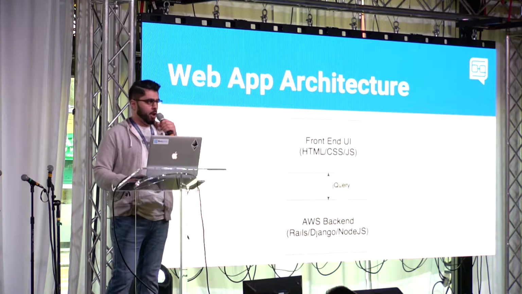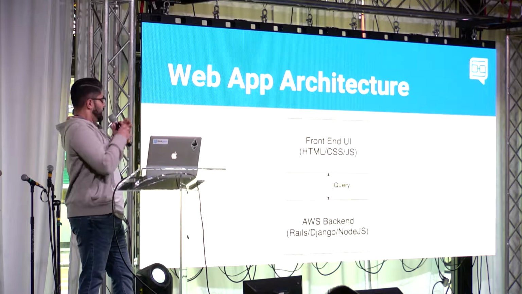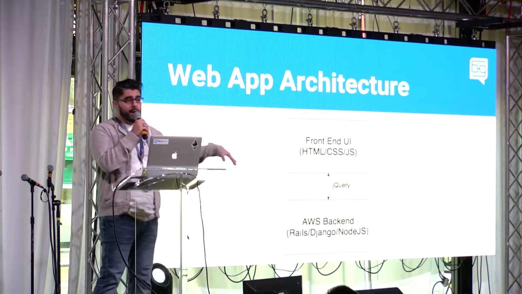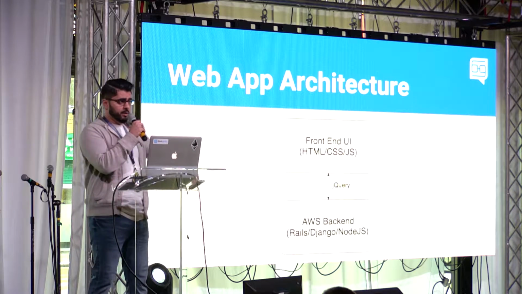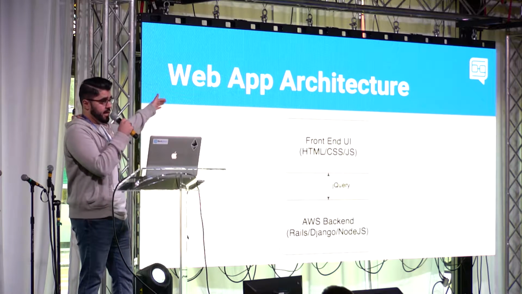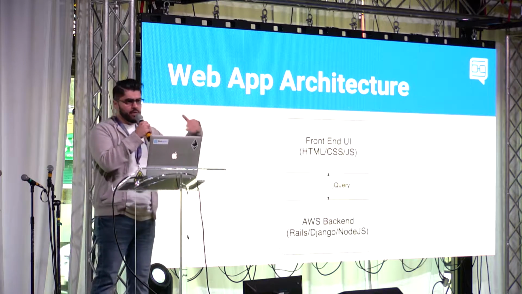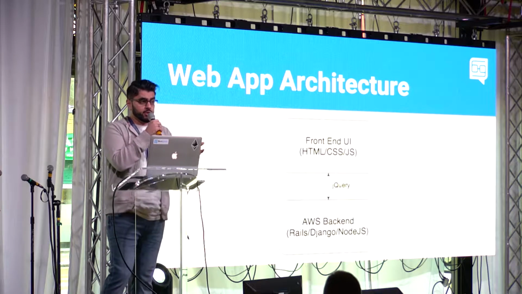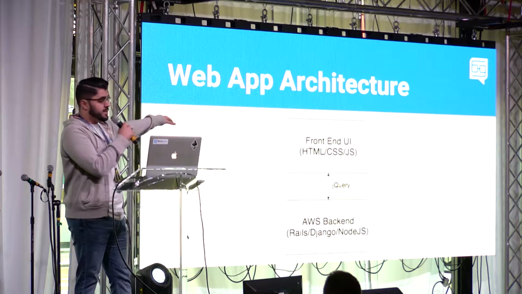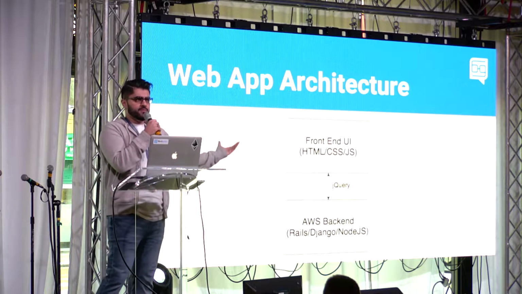But before we get into any development, let's take a second to appreciate app architecture. Here we have a traditional web app architecture of today. We usually divide our apps into front ends and back ends. The front end is the code that runs inside your web browser, inside your Chrome, and it's written in HTML, CSS, JavaScript for the most part.